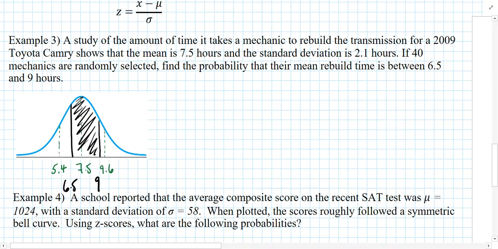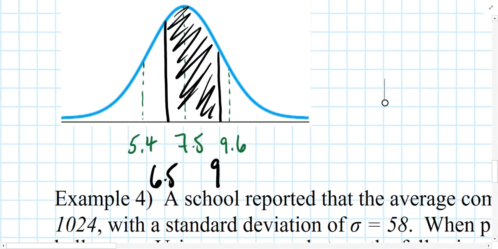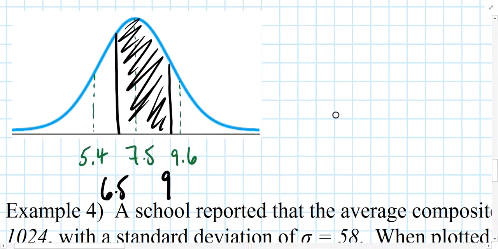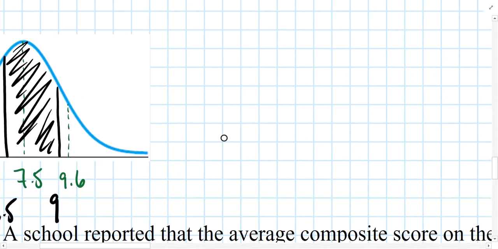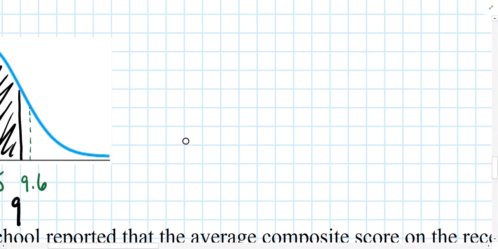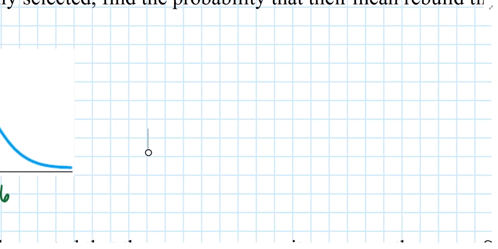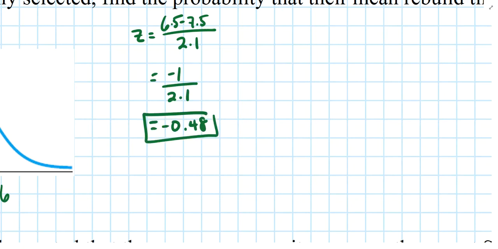Since these times do not fall on a multiple of a standard deviation, we must standardize the variable. To standardize the variable 6.5, we use the formula to obtain a z-score of negative 0.48. The variable 9 is standardized to a z-score of 0.71.